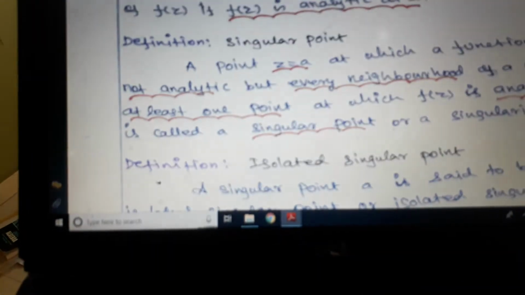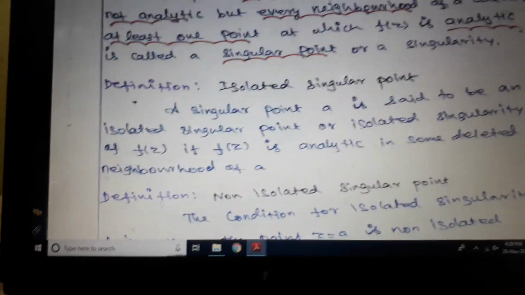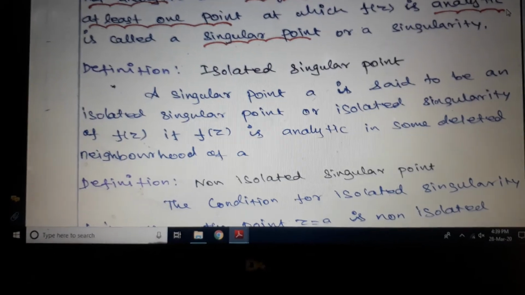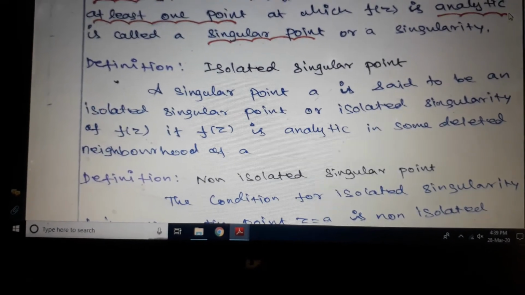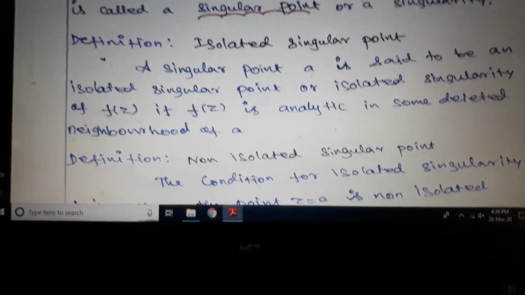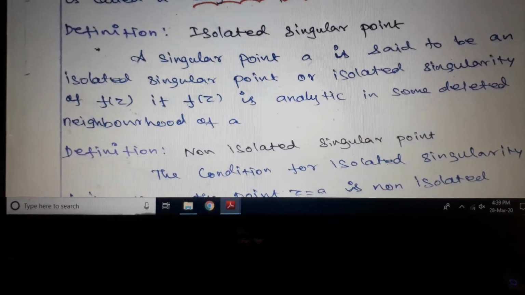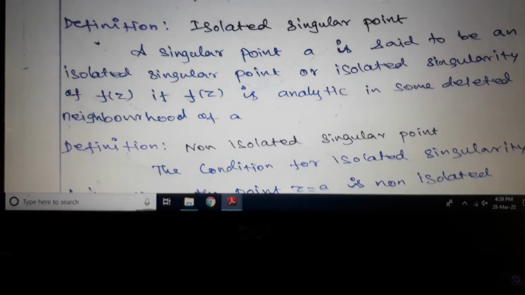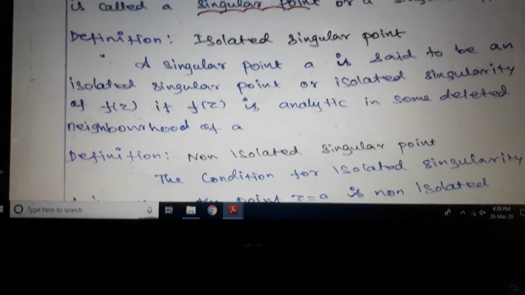Next, isolated singular point. What do we mean by isolated singular point? A singular point a is said to be an isolated singular point or isolated singularity of f of z if f of z is analytic in some deleted neighborhood of a.